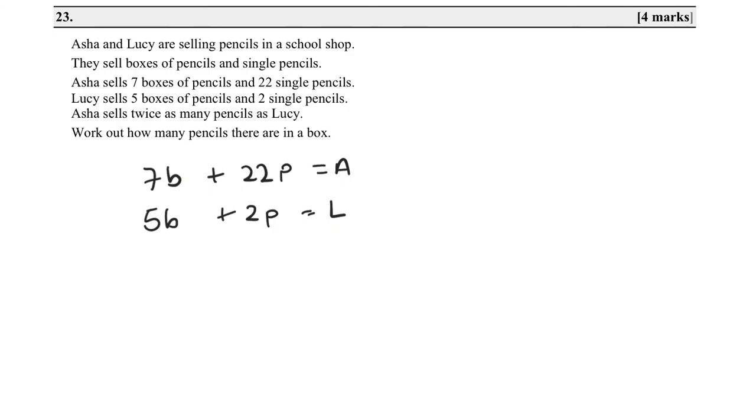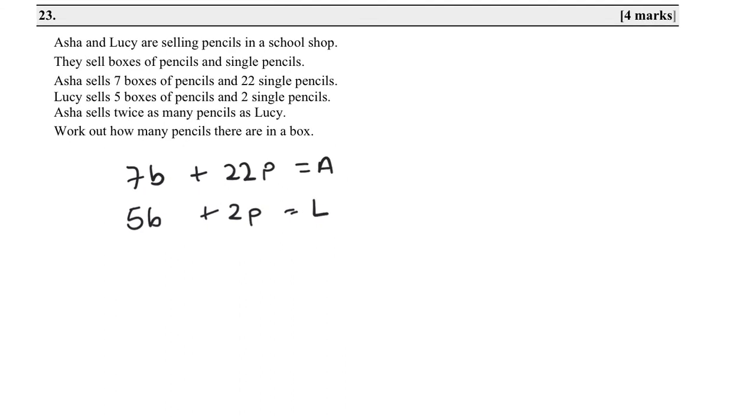Okay, so I know that 2 lots of Lucy's will be the same as Asher's. So I get 7B plus 22P equals 2 lots of 5B plus 2P. Now that I've done this, I've realised I've got 2 variables.